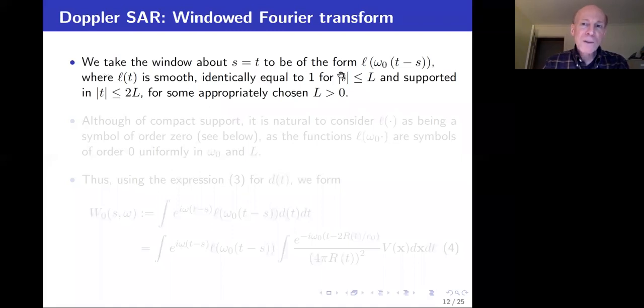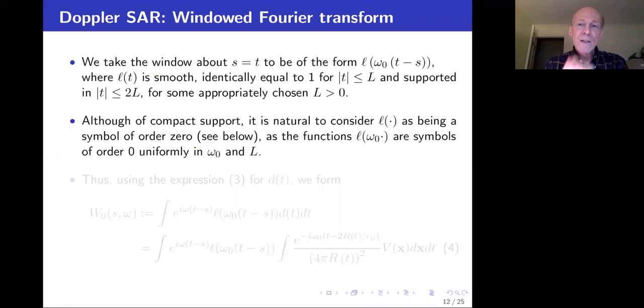And so what we're going to do is take the window function to be of the form l evaluated at omega naught times t minus s. So for each value of s, we look at t's that are quite close to s, right? And we put in this scaling factor omega 0, which is the frequency of the continuous wave which is being transmitted.